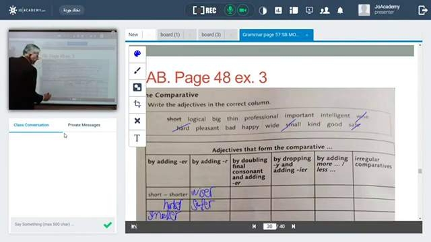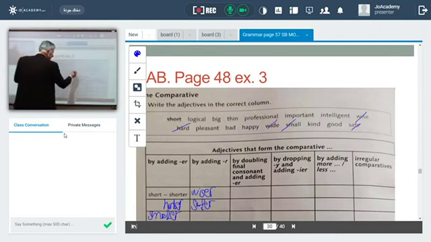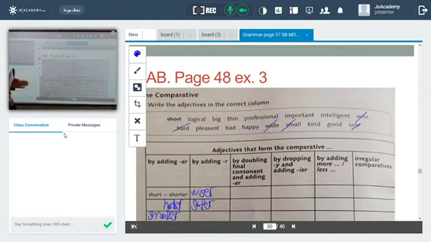Then also we have what? Wide. Wide, عريض, wider, أعرض. Wider. Good. So wise, safe, and wide. These adjectives, they end with E. So we add R to the end of these adjectives.